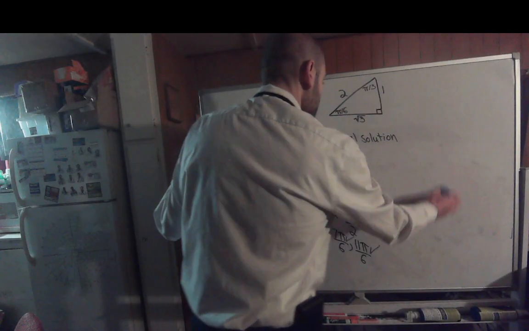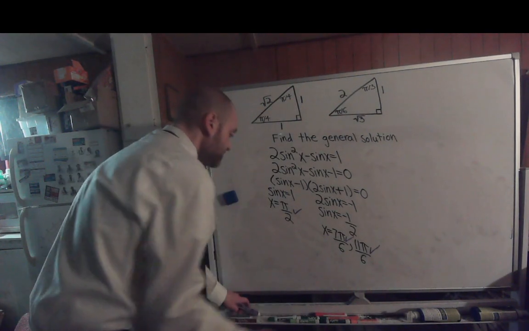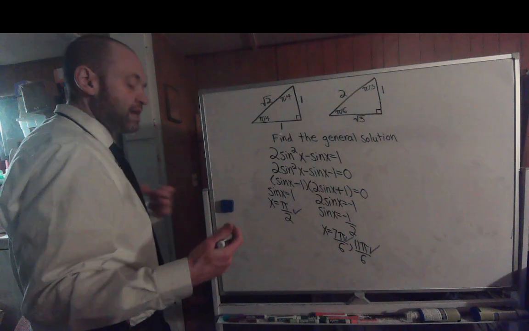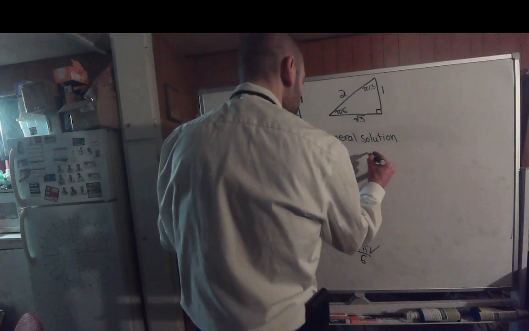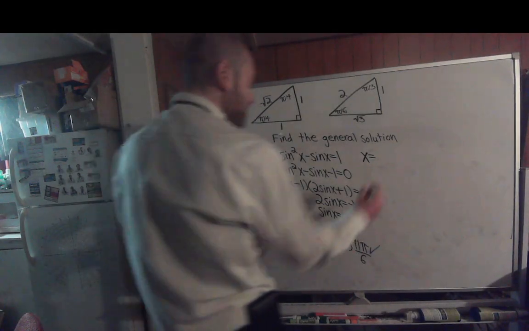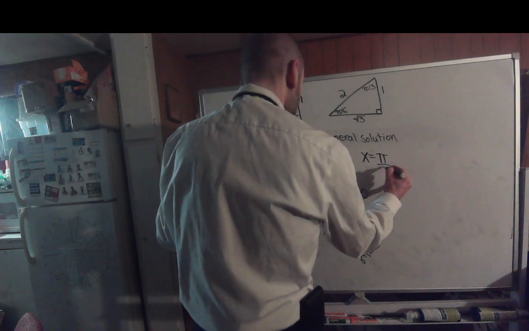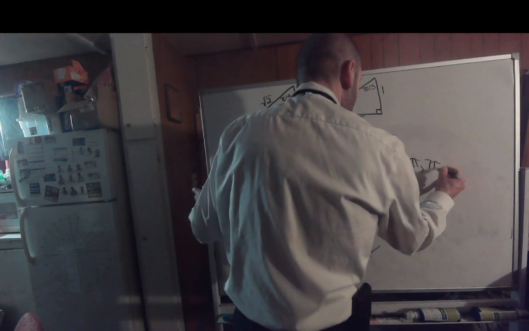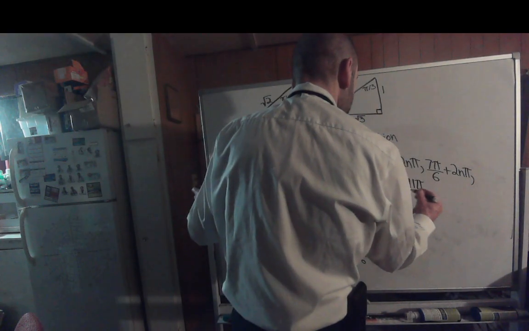So now we need to write these in general form. So we'll have three general solutions. We know the sine function is periodic at 2 pi. It has a period of 2 pi, so it's going to look like x equals pi over 2 plus 2n pi, 7 pi over 6 plus 2n pi, and then 11 pi over 6 plus 2n pi.